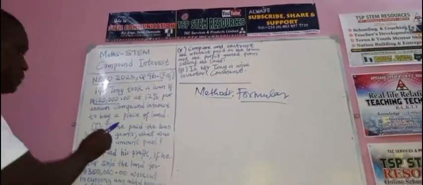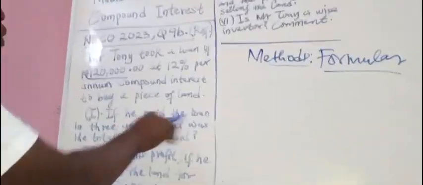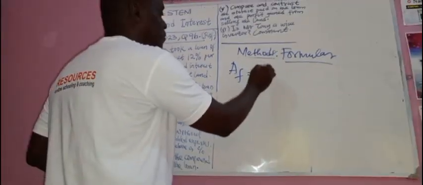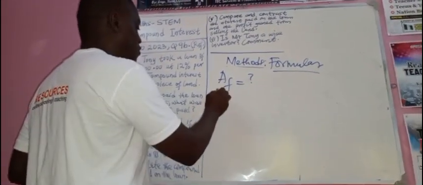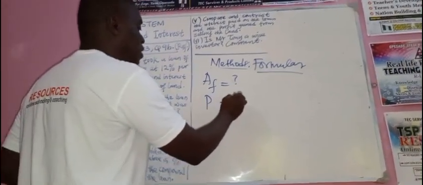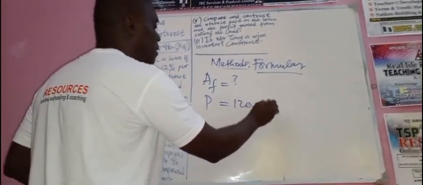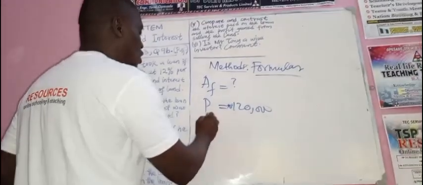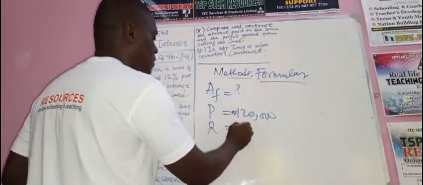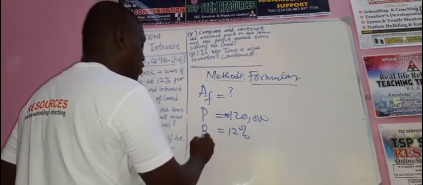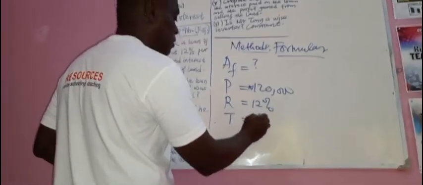Now, if you look at this, they said if you paid the loan in 3 years, what was the total amount paid? So they're asking for the final amount. For an amount borrowed of 120,000 naira at the rate of 12% for a time duration of 3 years.